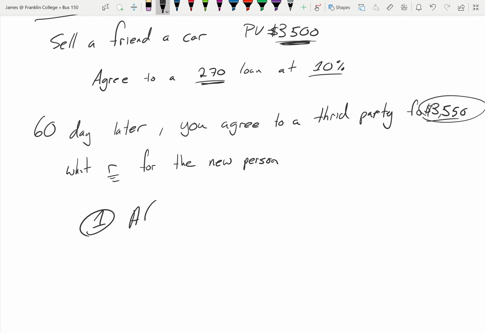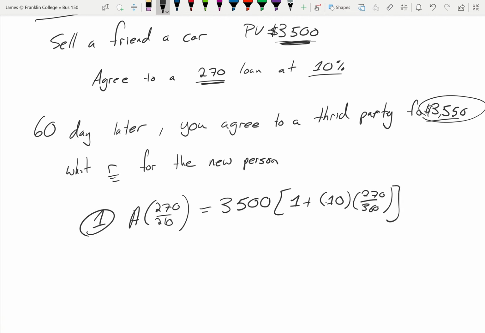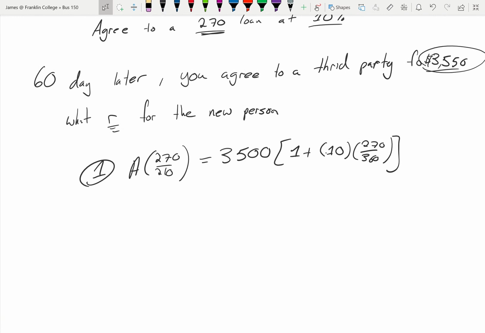So we want to figure out what our total amount should be. And we're going to get the original principal times 1 plus the interest rate times 270 divided by 360. And that's how we can solve for A and T.